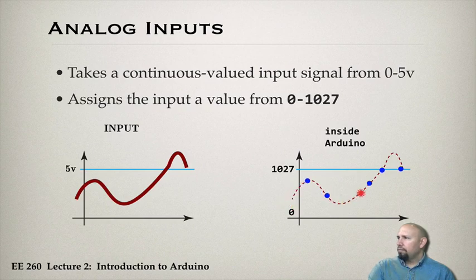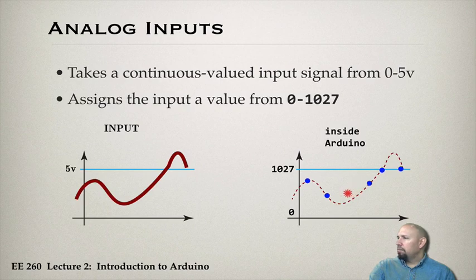Inside the Arduino, when we grab a value, this dashed line basically corresponds to what the value would be if we had grabbed it at that time. So you can see the shape of these two things look very similar to one another.